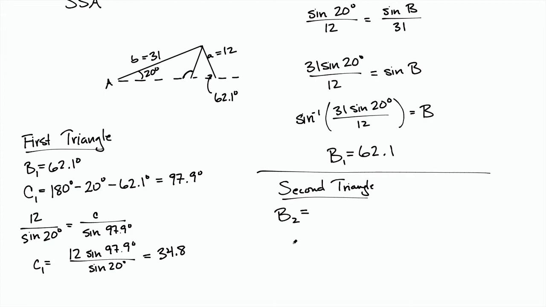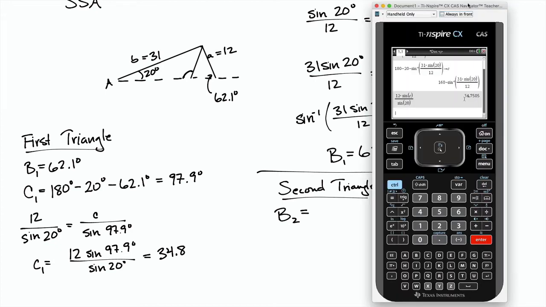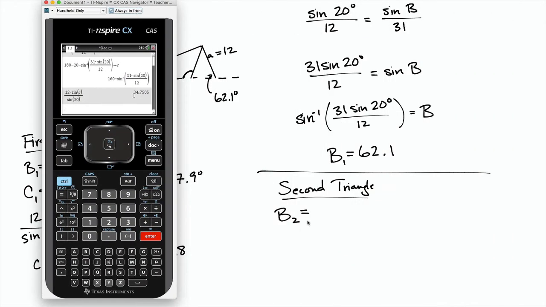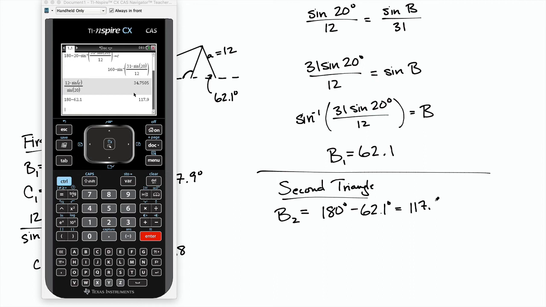Now I'm going to go back to my calculator for that. So I've got 180 minus the 62.1 degrees, and I will type that in. 180 minus the 62.1. And we got 117.9 degrees. Now that is rounded.